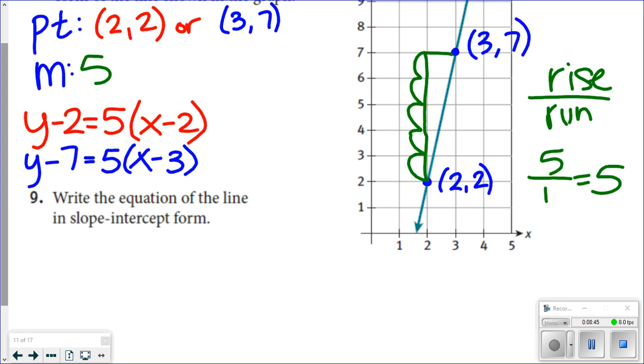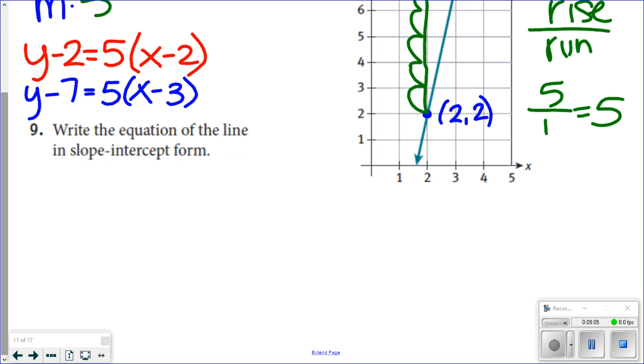And I obviously am going to walk you through both of these because it's great practice, especially for homework, quizzes, and tests. So question 9, try your best to convert them to slope-intercept form. Remember, you're distributing and then you're getting y by itself. Distribute, get y by itself.